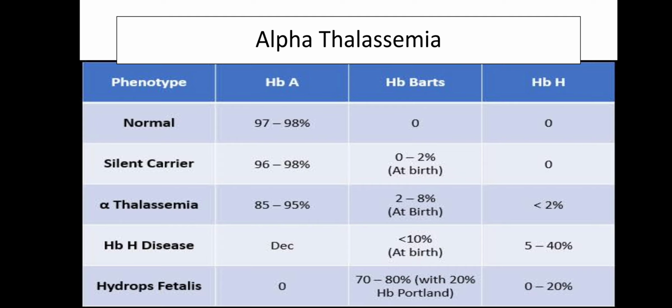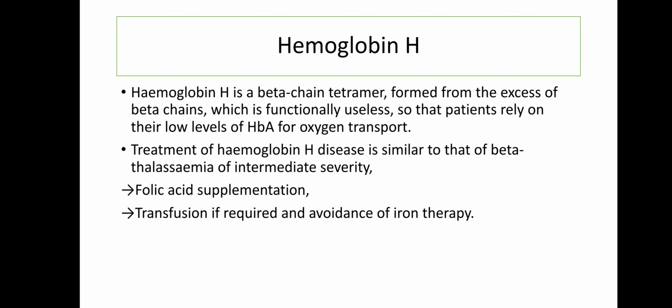So in alpha thalassemia silent and alpha thalassemia minor, hemoglobin A is the major form of hemoglobin. In HbH, Bart's hemoglobin is less than 10%, but 5 to 40% is hemoglobin H, and in hydrops fetalis 70 to 80% is hemoglobin Bart's.